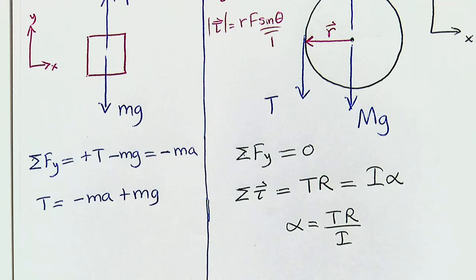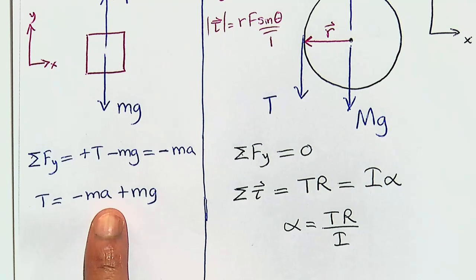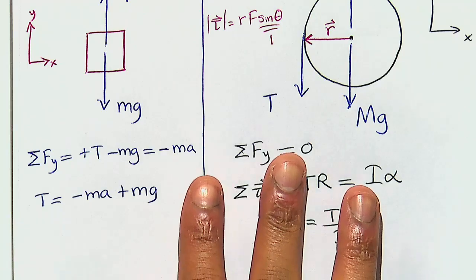We at least found the ways that linear acceleration is related to tension, and that the angular acceleration is also related to tension. So we need to put all of this together and figure out a way that linear acceleration and angular acceleration are related.